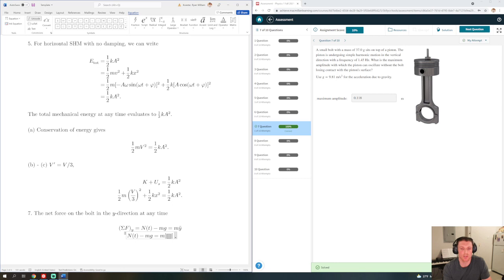Now, this is where we have to remember what the second derivative of a cosine of omega t plus phi is. I'm bad at this. Somebody correct me if I'm wrong, but I think that we should get negative A omega squared, and then it should be sine omega t plus phi, right?